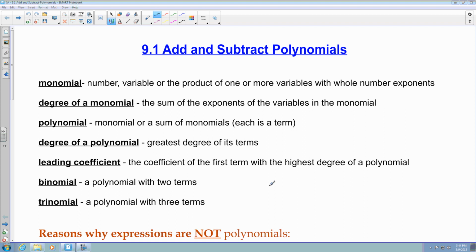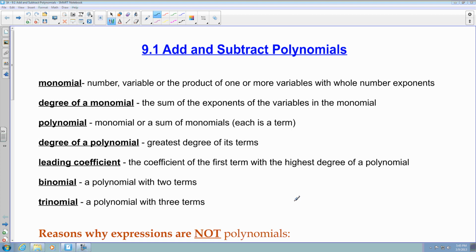And then if you ever hear me talk about the degree of a polynomial, which is defined as the greatest degree of its terms, the lead coefficient is, if you remember what I talked about, coefficient is the value that's attached to a variable.